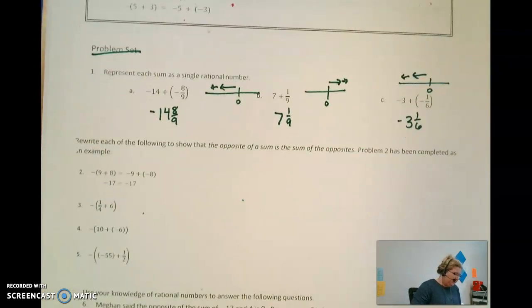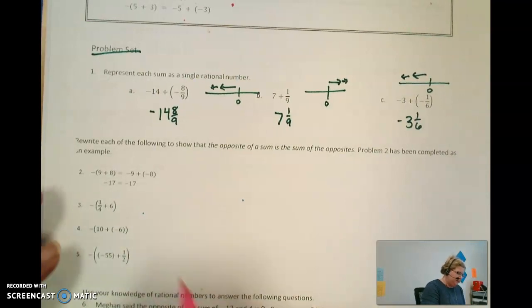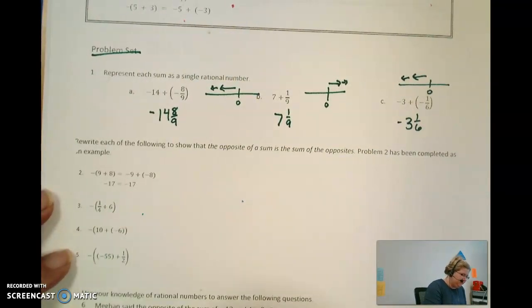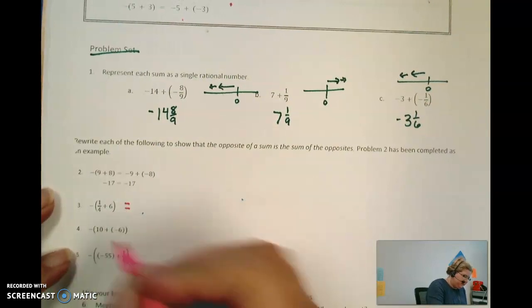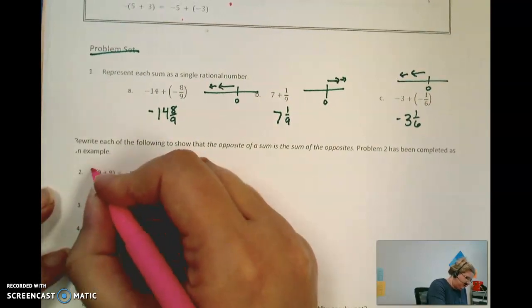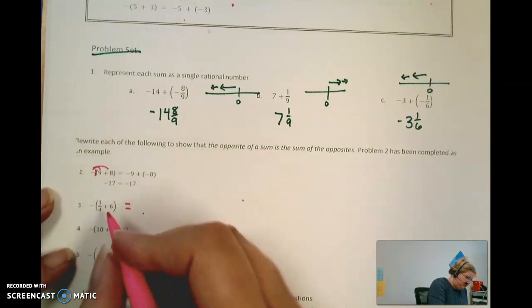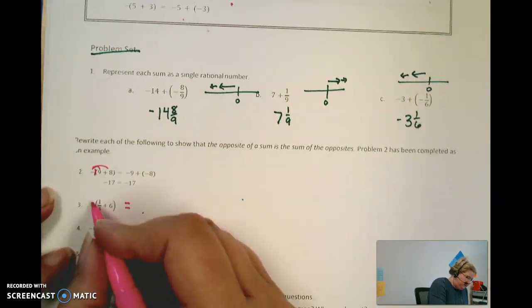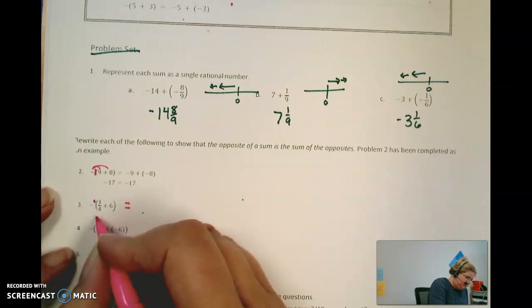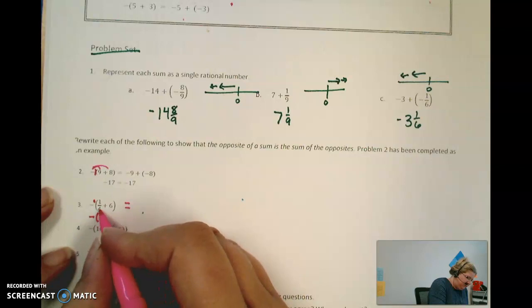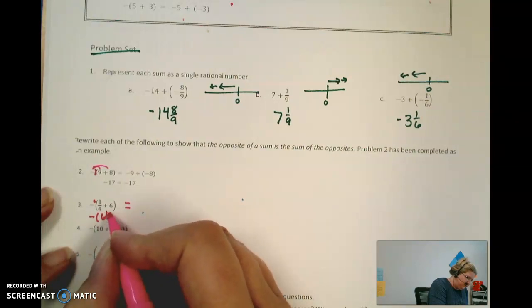We are to rewrite each of the following to show the opposite of a sum is the sum of its opposites. Problem 2 has been completed for us. So basically we are distributing a negative 1. Let's do this part first. The opposite of 1/4 plus 6 is negative 6 and 1/4.